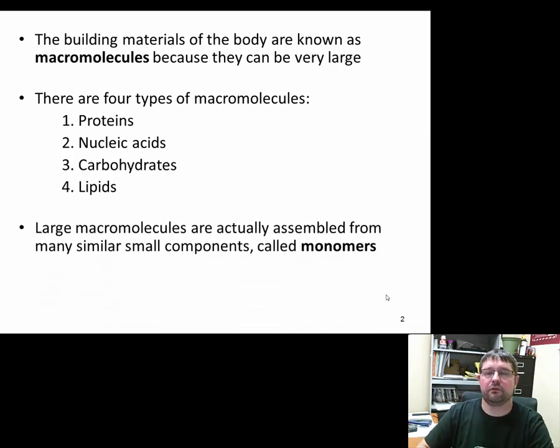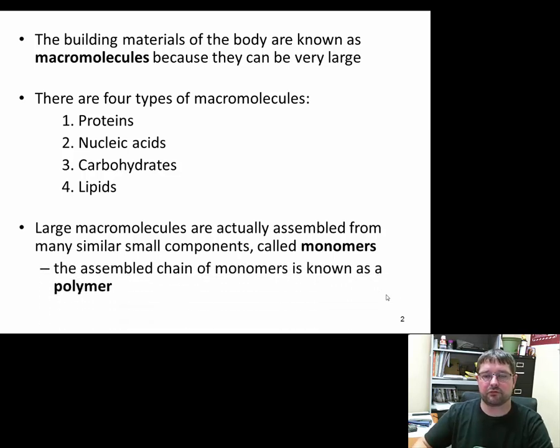Macromolecules are composed of monomers, or smaller components. Each one of these macromolecules has smaller components that it is comprised of, and we'll go through what these components are as we progress.